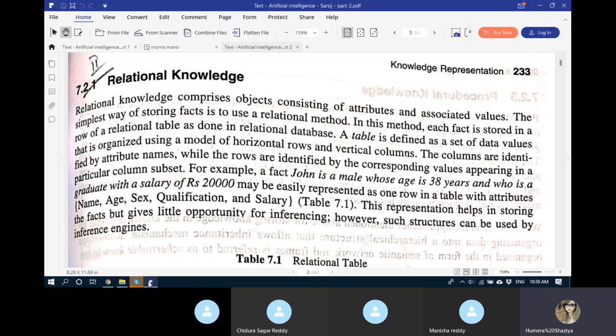And what is a relation? A relation consists of attributes and tuples. You have a table. A relation means a table, attributes mean columns, and tuples mean rows. So you have rows and columns in a table.